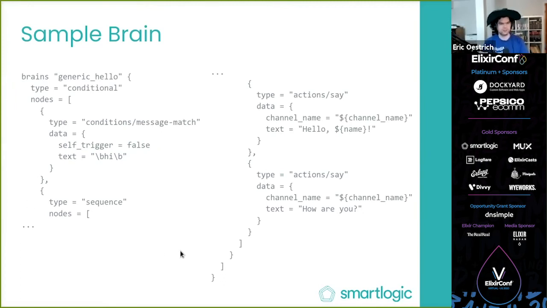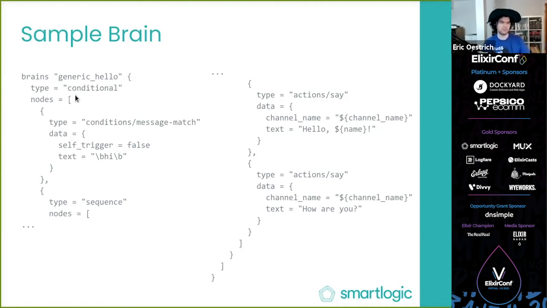So here's what one looks like. We have a brain called generic hello, which has a single node, which is a conditional selector because it has nodes. This node has a child that is a message match.